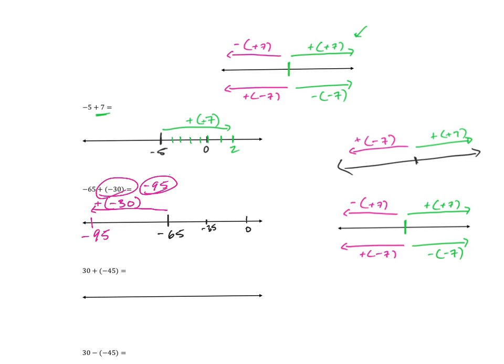So again, I'm not going to pay attention to where I start, I'm going to pay attention to what's happening. I'm adding negative 45, which means I'm going to go to the left.